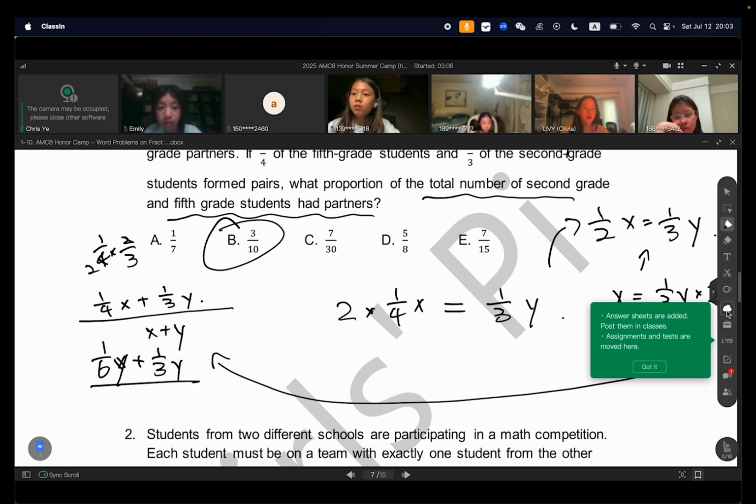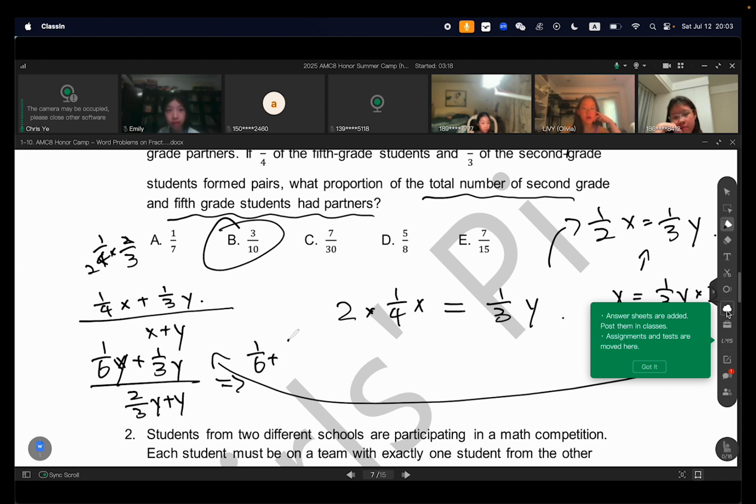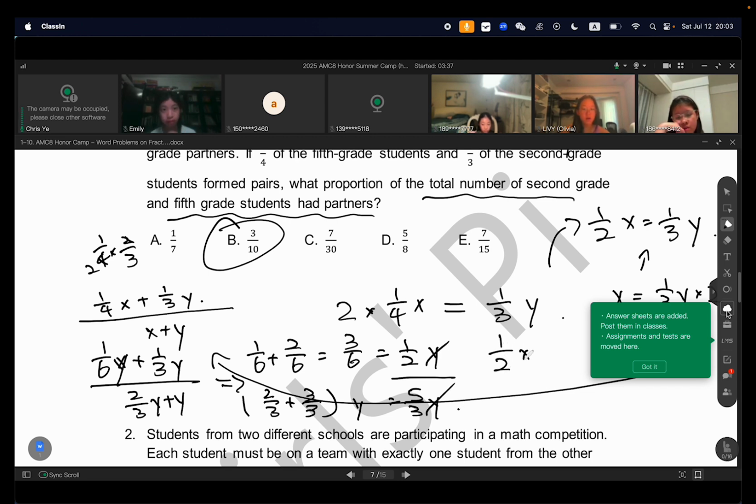But then again, x is 2 over 3 y, so that would be 2 over 3 y plus y, and after we expand, by adding them together, we have 1 over 6 plus 2 over 6, which is the same as 3 over 6 equals 1/2 y, over 2/3 plus 3 over 3 y, which is 5 over 3 y. And now we only have to solve this. We can cancel the two y's out to get 1/2 times 3 over 5 equals 3 over 10.